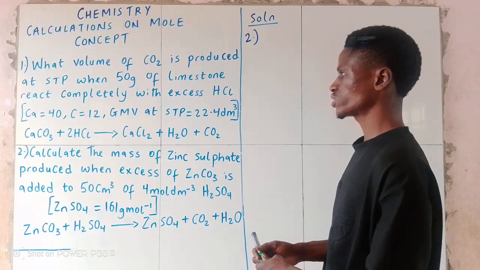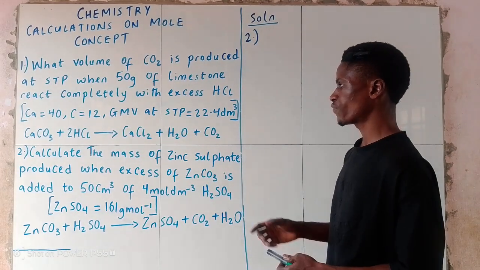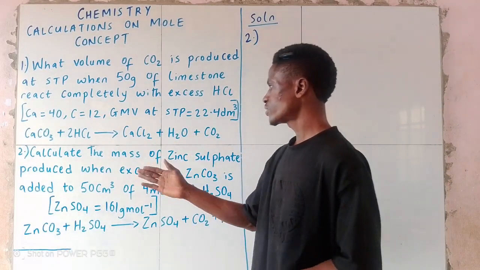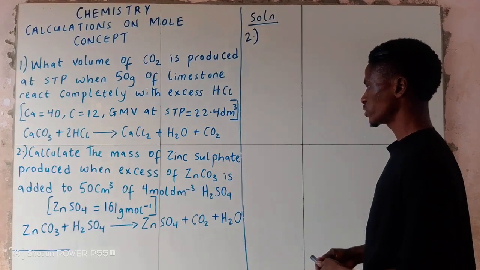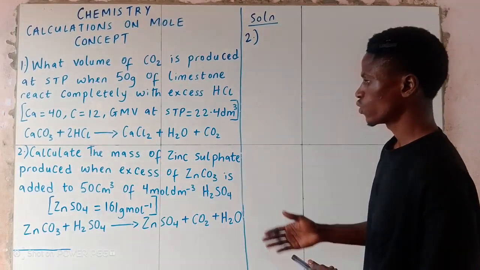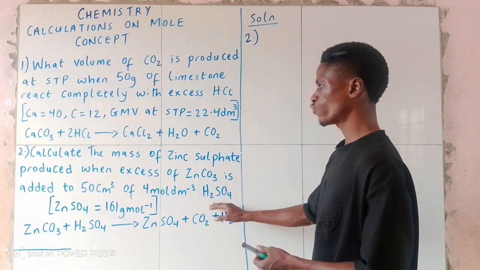Question 2 says that calculate the mass of zinc sulfate produced when excess of zinc carbonate is added to 50 cm³ of 4 mole per dm³ H2SO4.